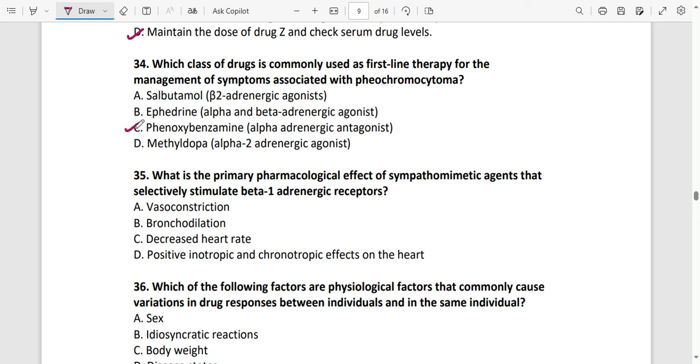Why have you picked this one, Doc? Okay, so the adrenal gland has these alpha 1 receptors. So we're giving a drug that works specifically on that.